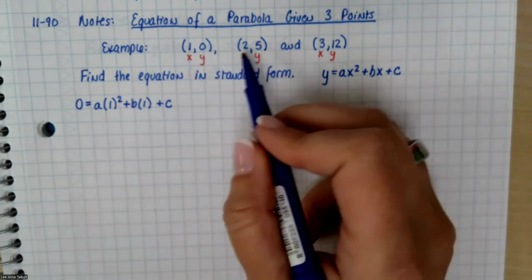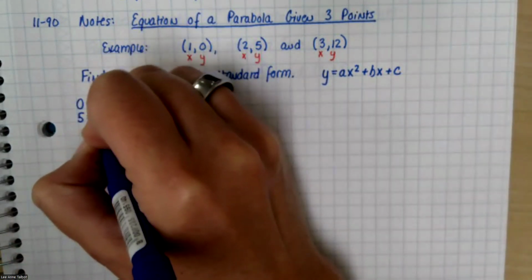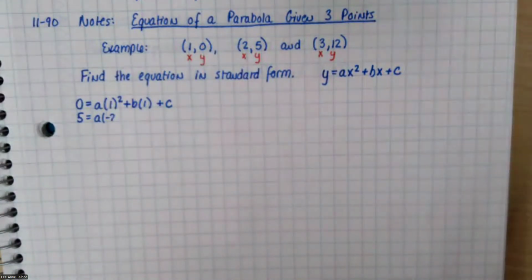Okay, now I'm going to do the next one with the 2, 5. 5 equals A times, why'd I write a negative?